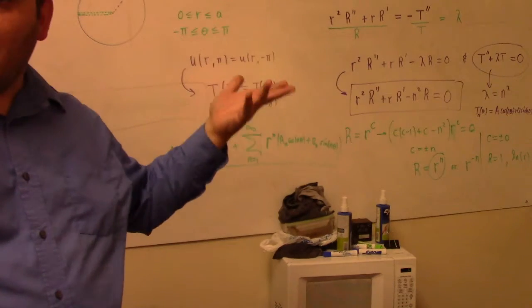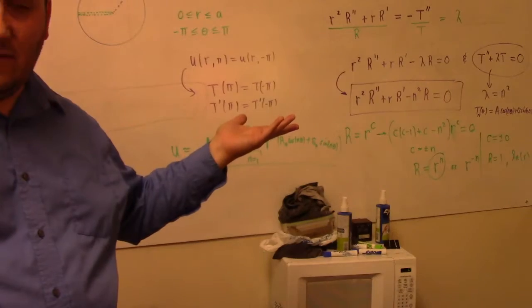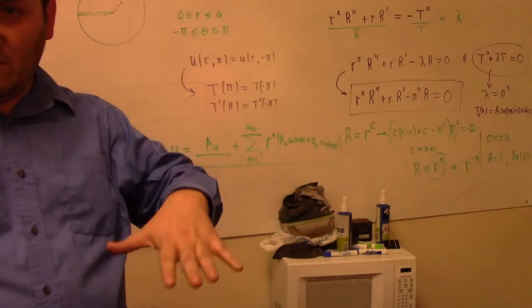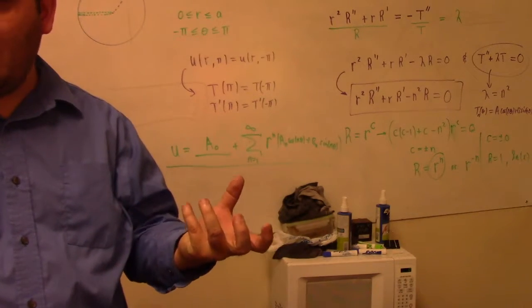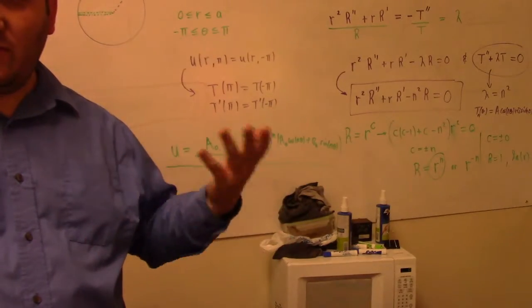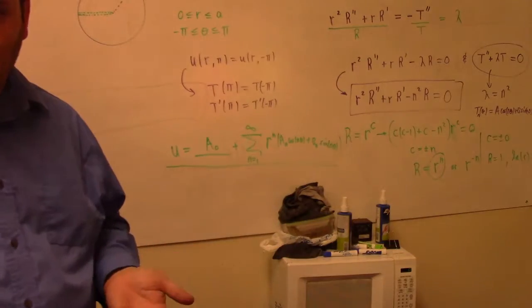You put those together, and that allows you to solve problems on a disk. Similar things would apply if you're solving the wave equation on a disk. You could change the spatial part to polar coordinates, then you'd have a time solution. The two-dimensional wave equation would be amenable to these techniques.